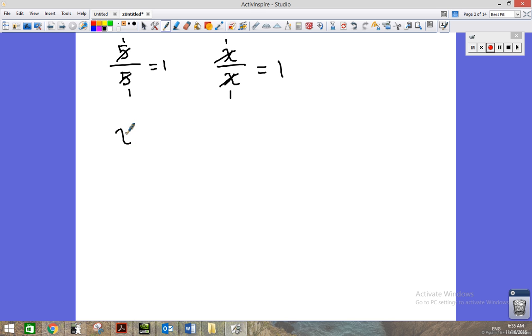You might have a binomial like x plus 1 divided by x plus 1, and we do not cancel the individual terms. We look at this number that's in the numerator and recognize it's the same number in the denominator, and x plus 1 divided by x plus 1 is equal to 1. It reduces to 1.